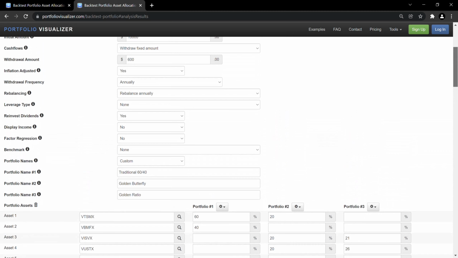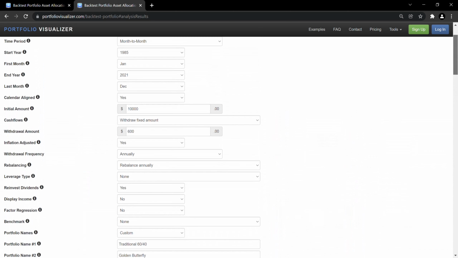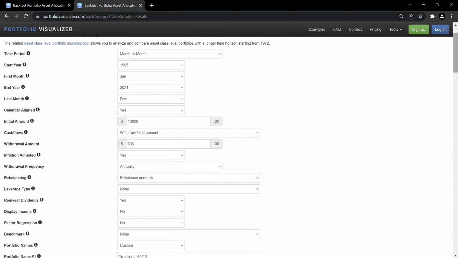But hopefully this is helpful to you. I'm trying to make these things not so long and complicated. But if you are going to retire, you do want to know what your portfolio has done in the past in as many different ways as possible. And this is one of those backtesters that you ought to employ before setting off on retirement.